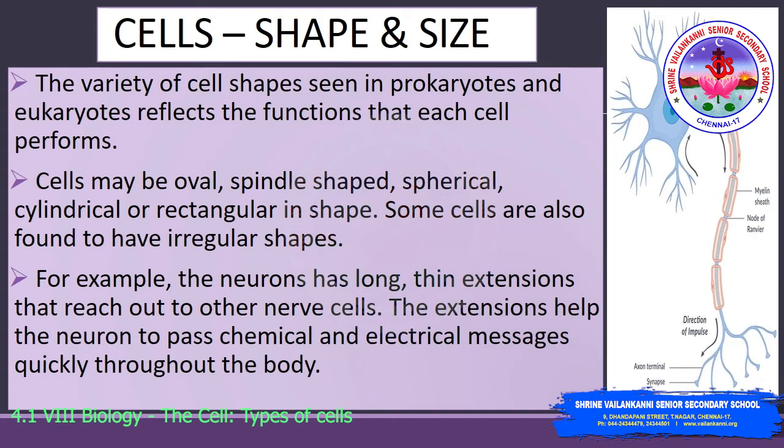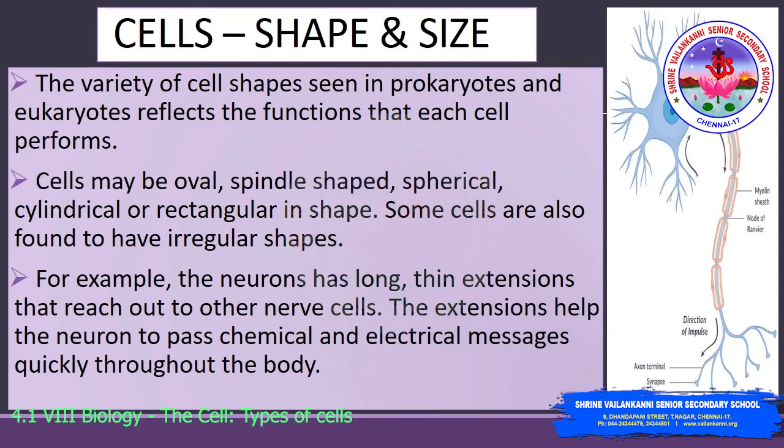Now we shall study the shape and size of cells. The variety of cell shapes seen in prokaryotes and eukaryotes reflects the function that each cell performs. The cells may be oval, spindle-shaped, spherical, cylindrical, or rectangular in shape.